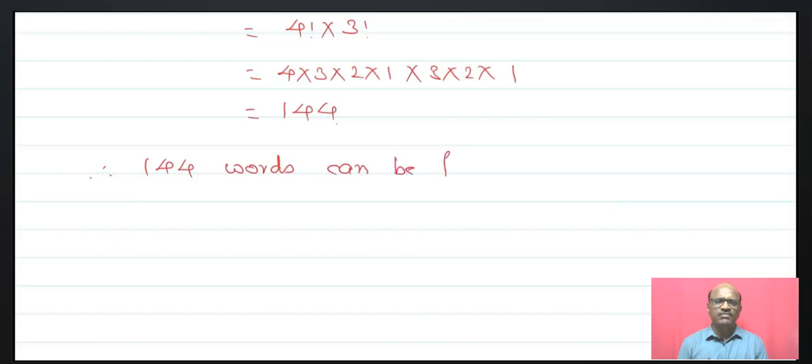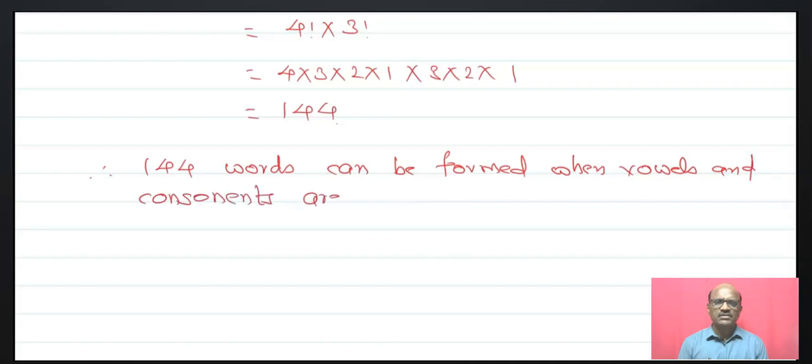That is, 144 words can be formed where the vowels and consonants are placed alternately.